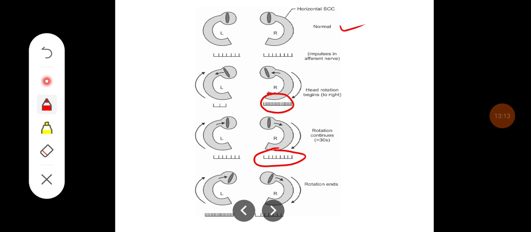But when the rotation stops, the endolymph is going to move in the opposite direction, which is going to lead to hyperpolarization and reduced discharge from the right ear, whereas the opposite thing happens in the opposite semicircular canal.